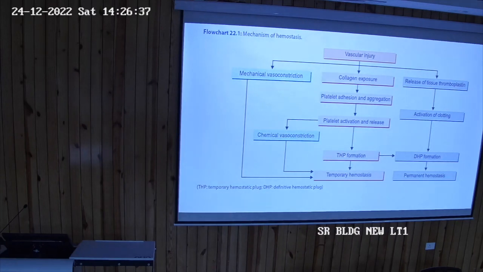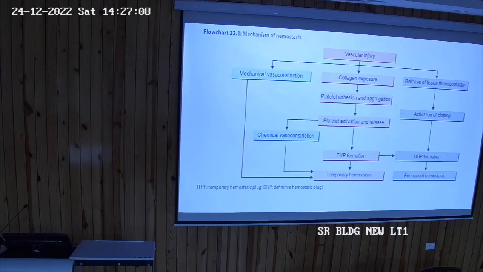For the mechanical vasoconstriction to take place, when the endothelium gets damaged, it releases a substance known as endothelin, and this endothelin has a role in contraction. So that will help in vasoconstriction, decrease in the blood flow. Okay, so the first step for arrest of bleeding is vasoconstriction.